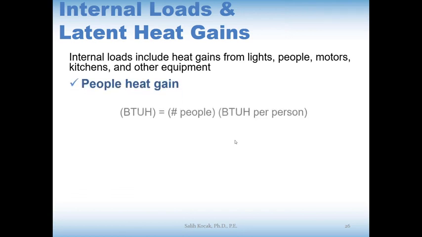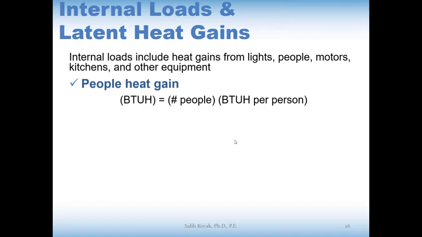For the people heat gain, it is the number of people times the BTUH per person, and this BTUH per person varies with the activity. If you are in a gym, it is different. If you are in a theater or a schoolroom or just in a building, it is different. Even in the space I am in right now, since I have been running some electricity, a computer, and I am talking and producing heat, my HVAC system started to run.